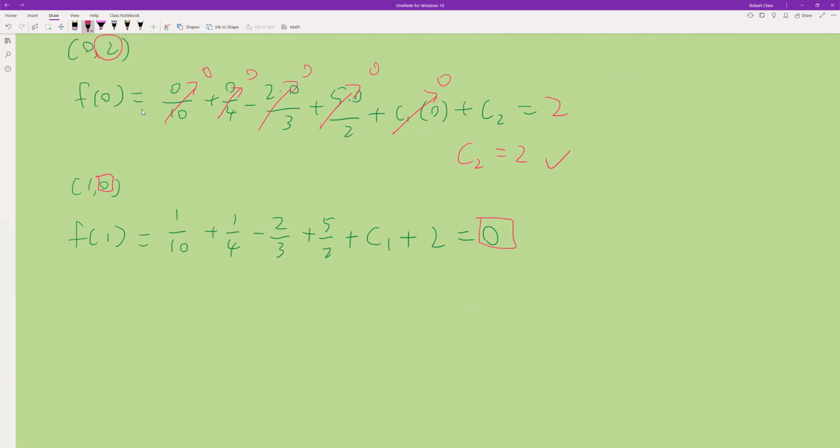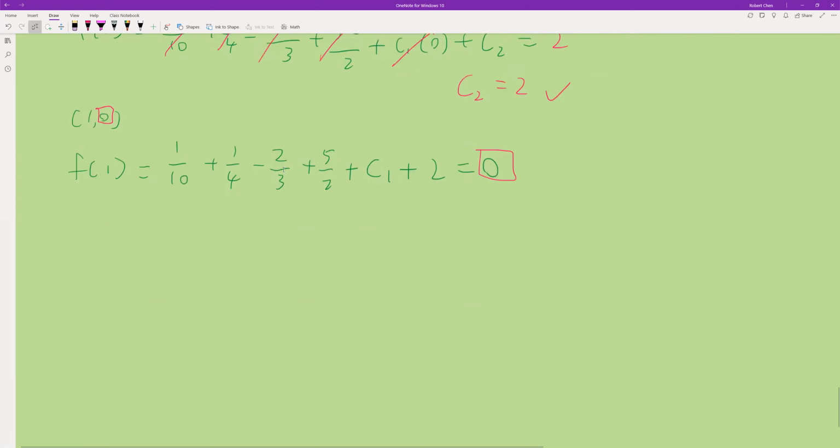All right, so I have 10, 4, 3, and 2. Right, so let's see. I think the common denominator is going to be 60. All right, so let's try 60.